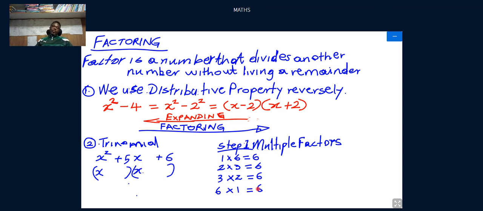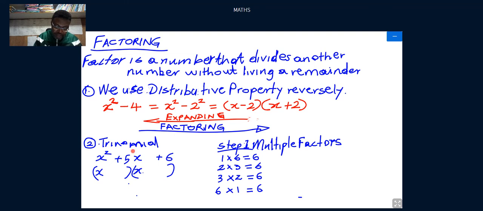What do we need to do now? We must look for multiple factors that when we add or subtract, they'll give us the value of the middle term. What did I say? Amongst these multiple factors of 6, you must search for a combination that when you add or subtract will give you the value of the middle term.